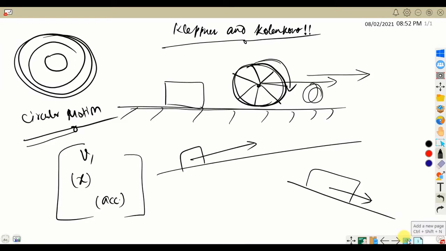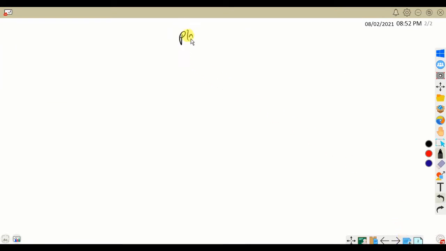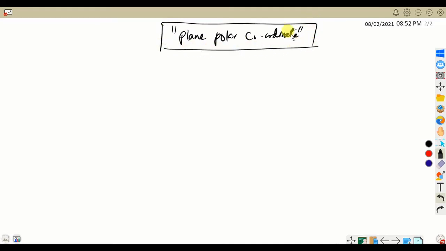Then your first question will be: what is the meaning of plane polar coordinates? The motivation for this kind of coordinate system is motions that involve circular motion. For an example, a simple pendulum has some kind of periodic motion.